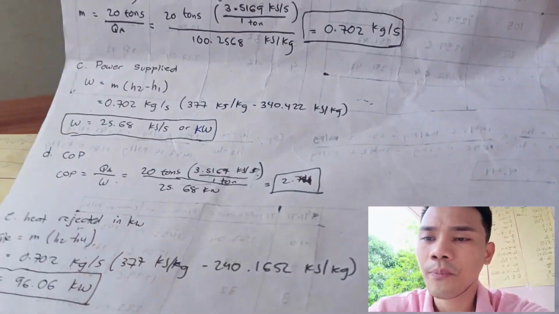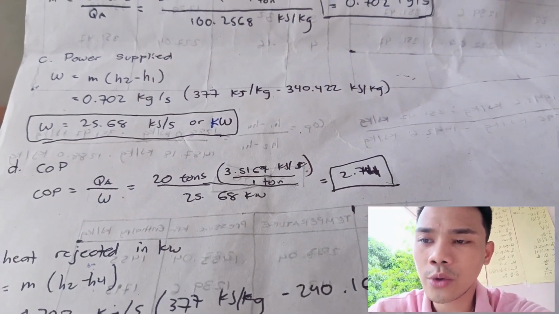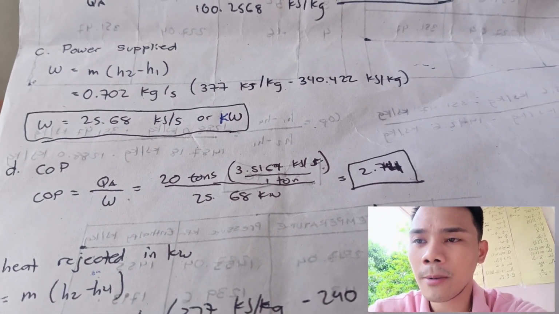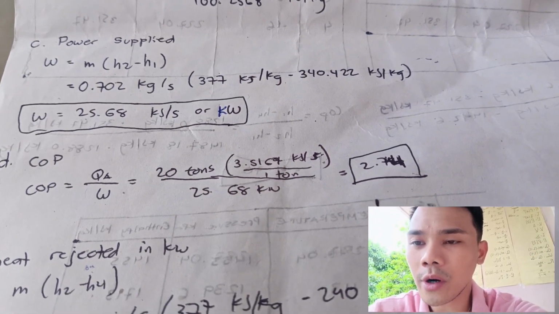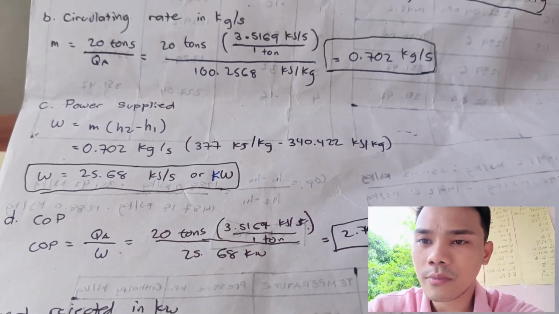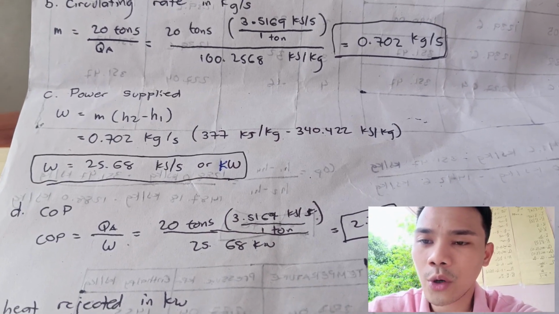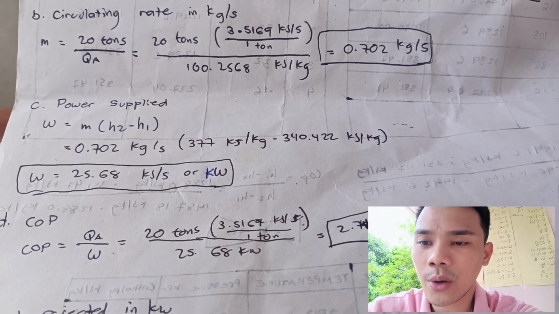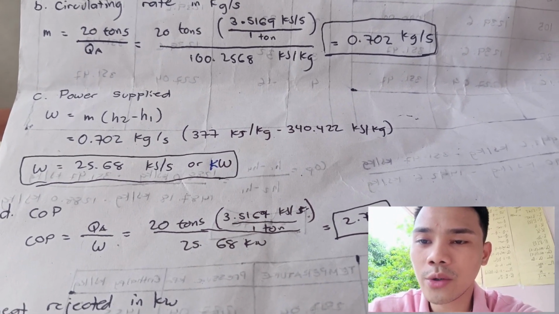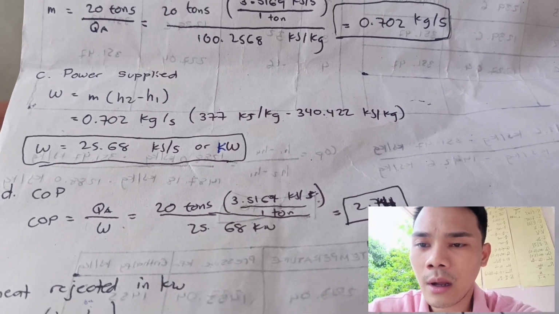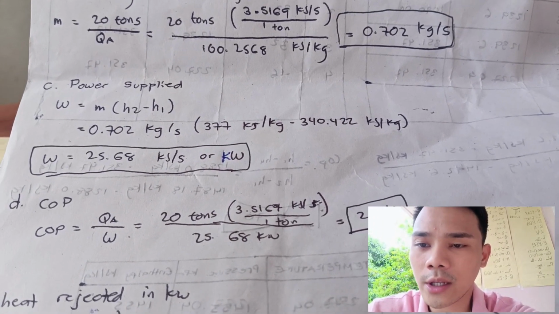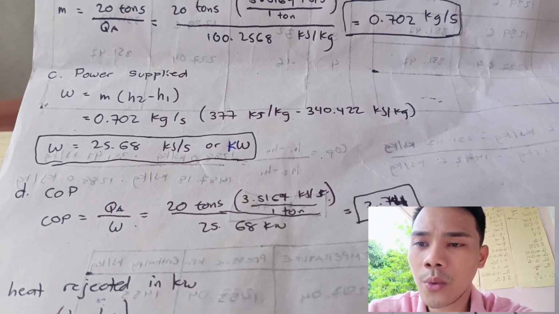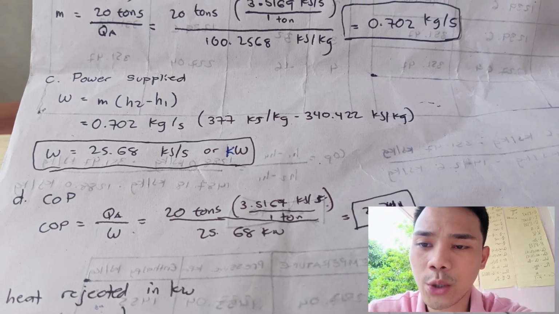Next is the COP. To calculate the COP, it is equal to QA over W, the work. We convert the 20 tons into kilojoules per second since we want kilowatts. So 20 tons times 3.5169 kilojoules per second over 1 ton, over our power supplied of 25.68 kilowatts.